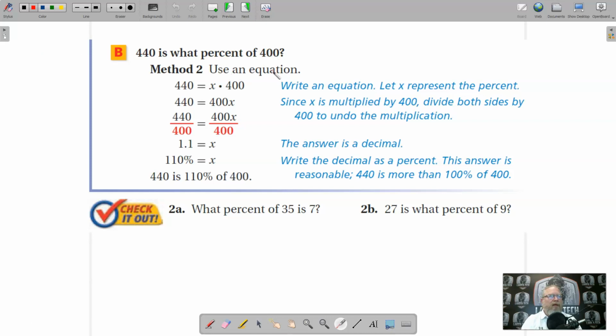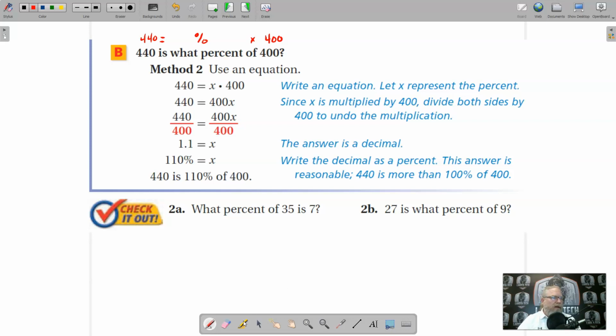So let's go ahead and use an equation here. 440 is, think of this "is" as an equal sign. What percent, so this is our percent that we're missing, of means to multiply, and we have 400. So we would end up with 440 equals the percentage times 400. Yep, we're using the equation method.